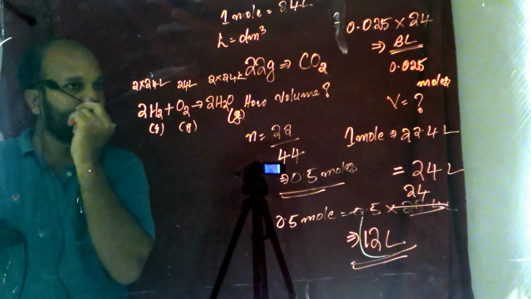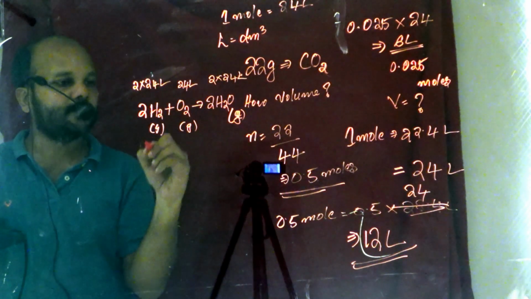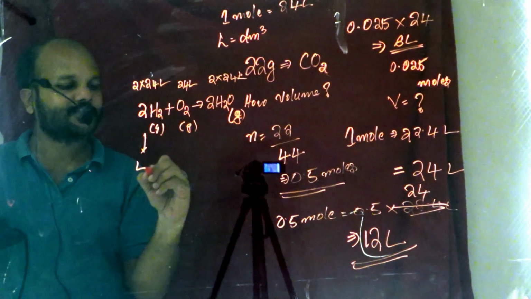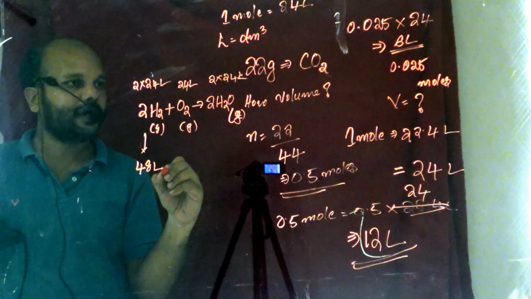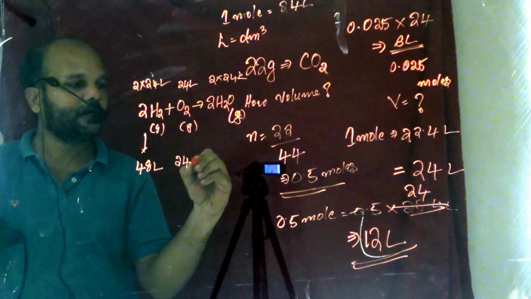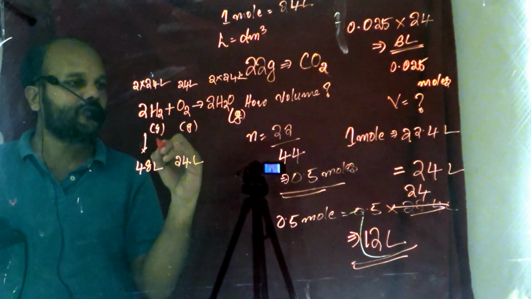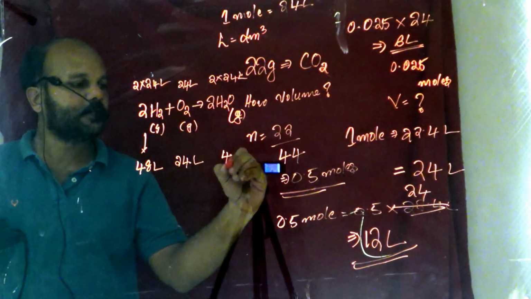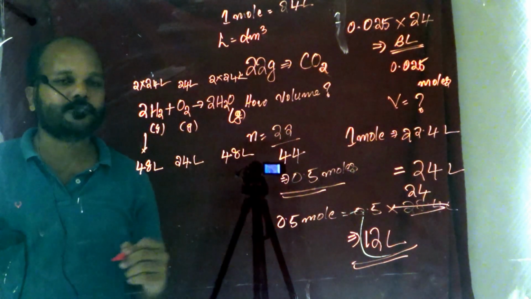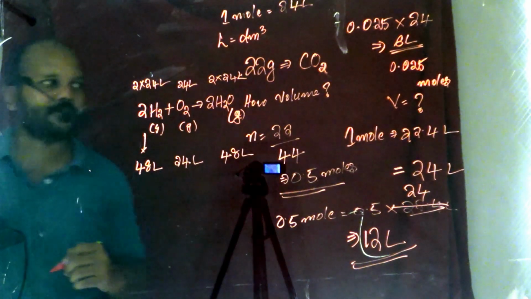Here, let it be 48. So 48 liters of hydrogen reacts with 24 liters of oxygen to form 48 liters of water molecules. So this is how the reaction is going to come.